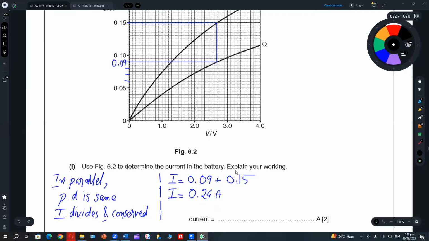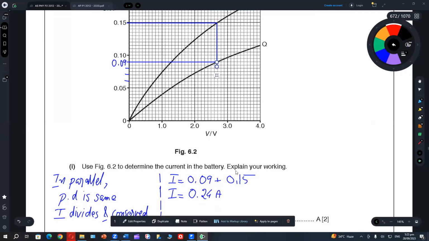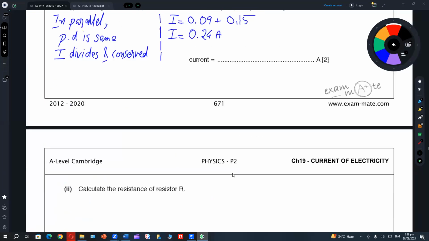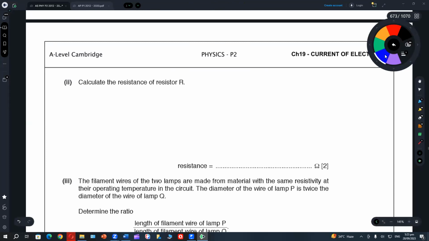Somehow I'm having some problem in connecting it down, but you can connect it and precisely read it. Yeah, it's giving 2.7. So you will tell the examiner that it is 2.7 volt across the lamps.